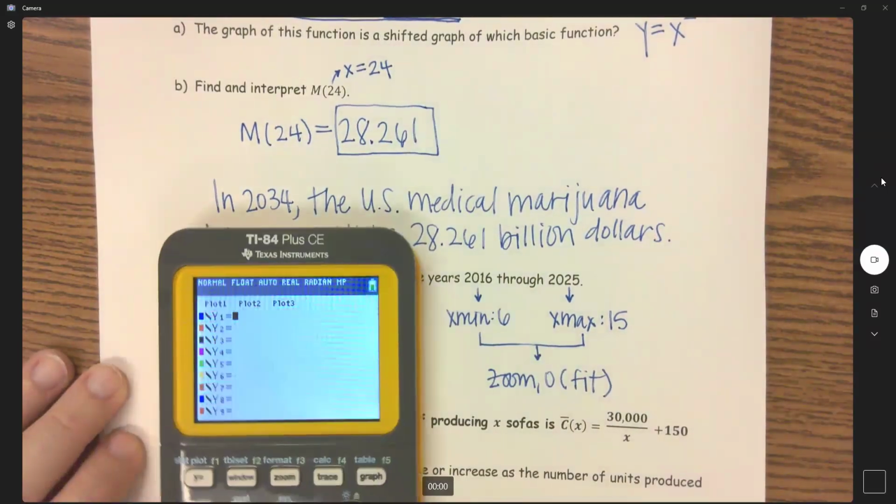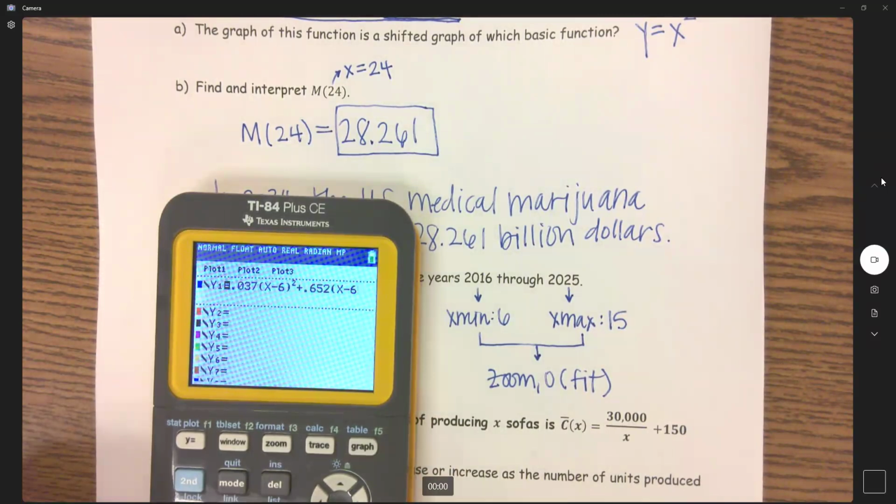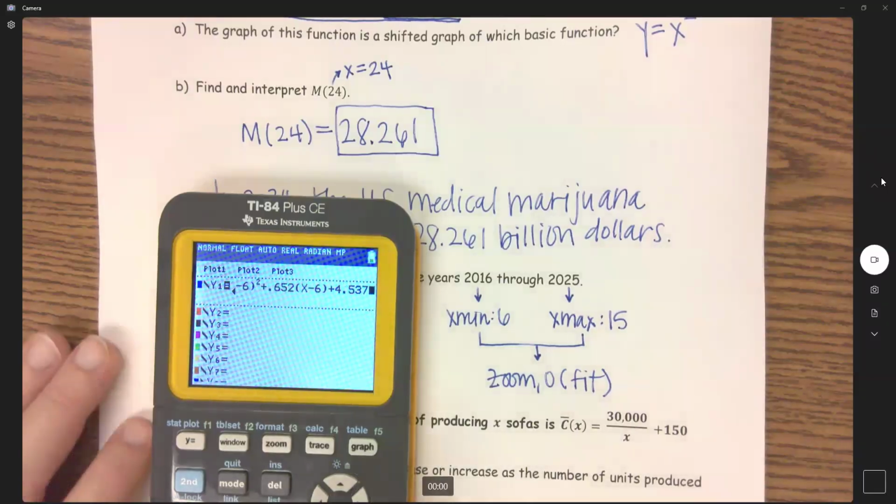And so we're putting in x's, we're not putting in those 24s anymore. Okay, so we're typing all of that in.